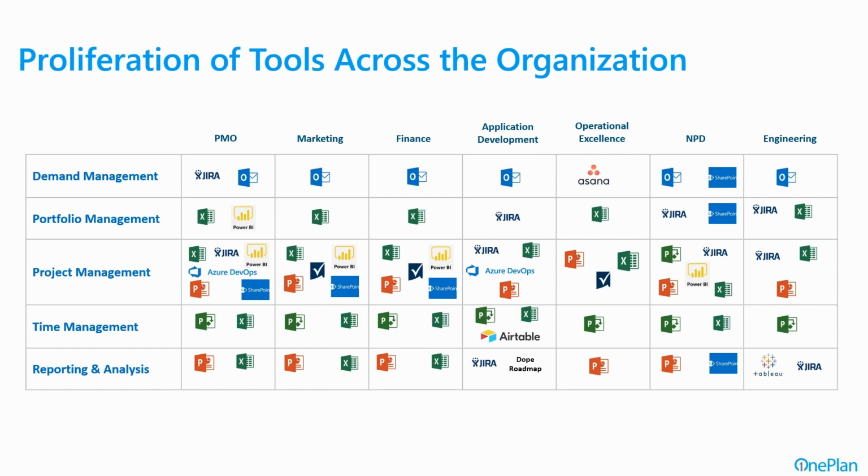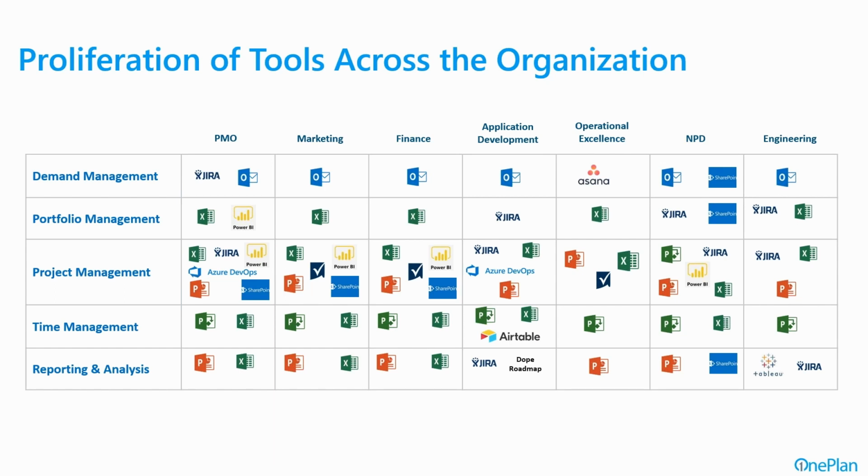This was an example of a client of ours, where if you look at the tools that were being used in all these different disciplines, many tools were being used, and trying to pull all this data together, as you can see, Smartsheet is part of the mix, as it often is in many organizations today.